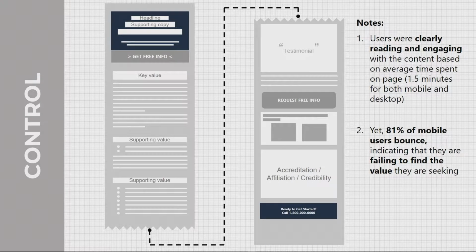In fact, if you look, you'll see that despite the success of this particular approach, there's an 81% bounce rate. We also know that users are spending time here, an average of 1.5 minutes.